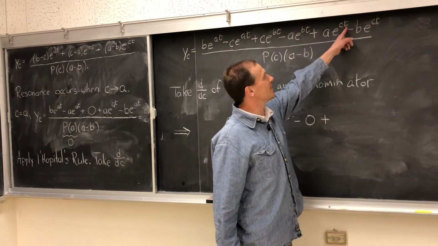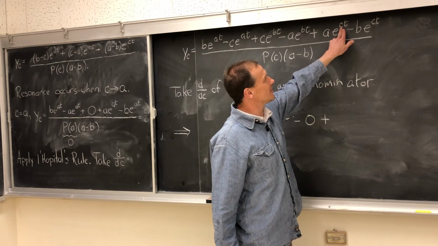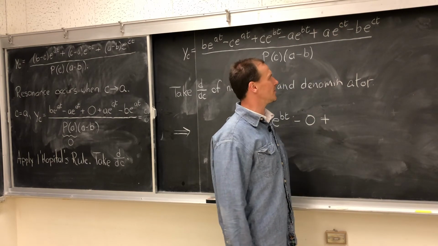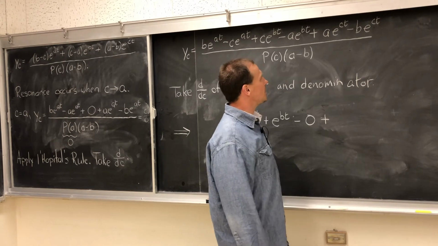We're so used to thinking of this as like e to the 2x. But now the 2 is in my variable position. So my variable is the c.